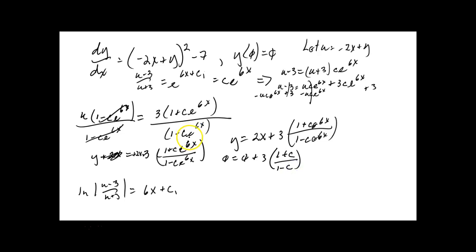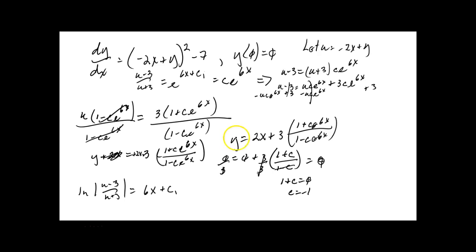So divide both sides by 3. That's out of there. Still 0. So that's equal to 0. Multiply both sides by 1 minus c. And that goes away. So you have 1 plus c is equal to 0. C is equal to negative 1.